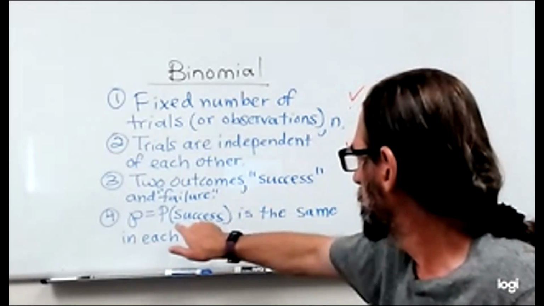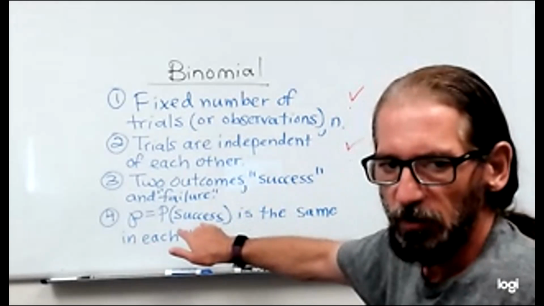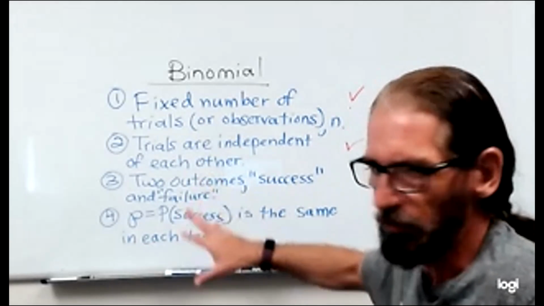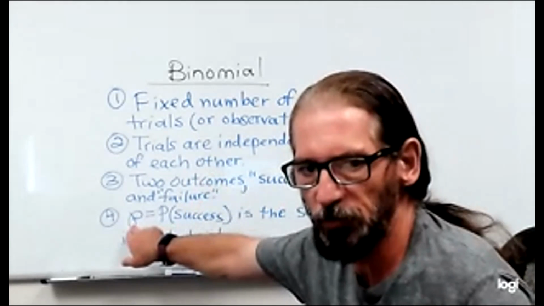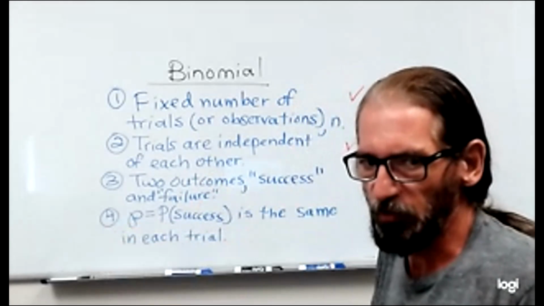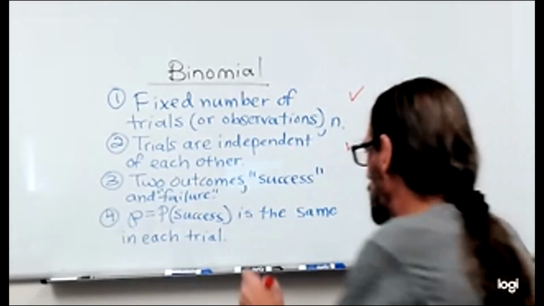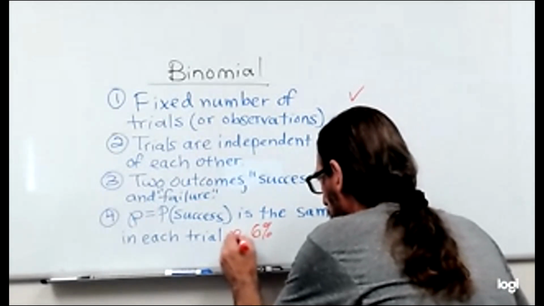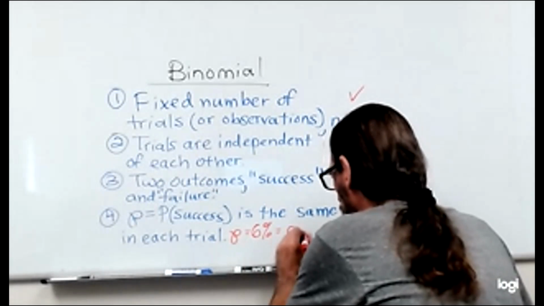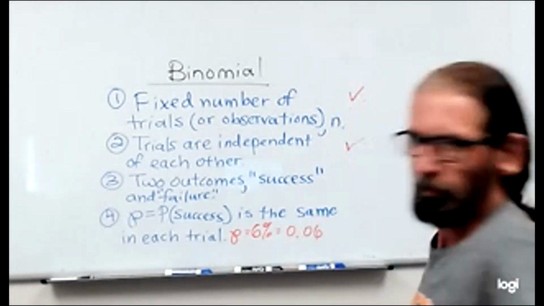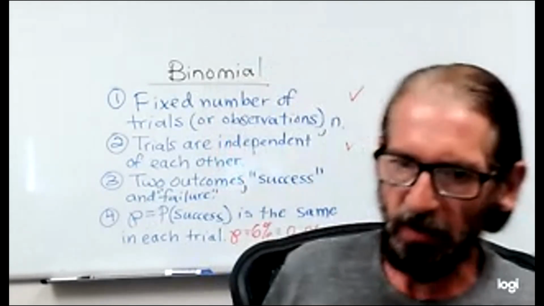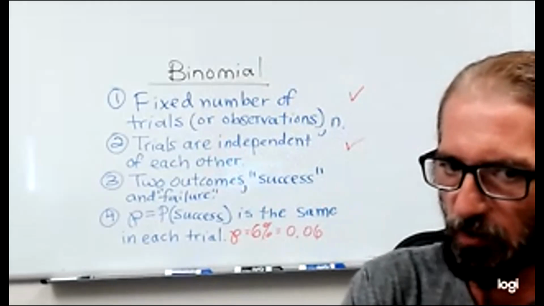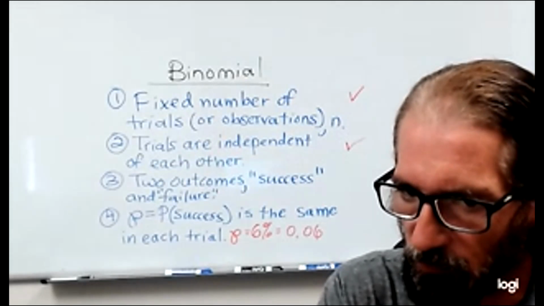Finally, the probability is going to stay the same in all trials. That'll be little p. We had 6%, which as a decimal, we would have that p is 0.06. So with that stated, let's take a look at the three different parts.